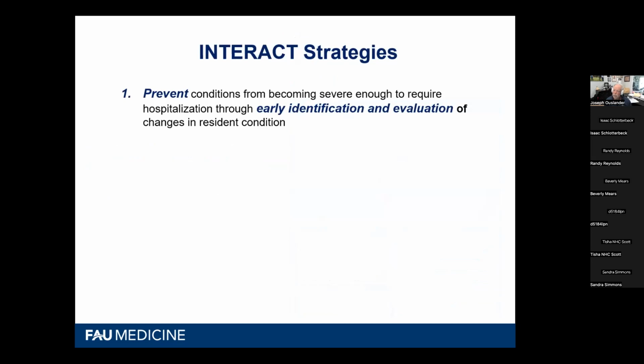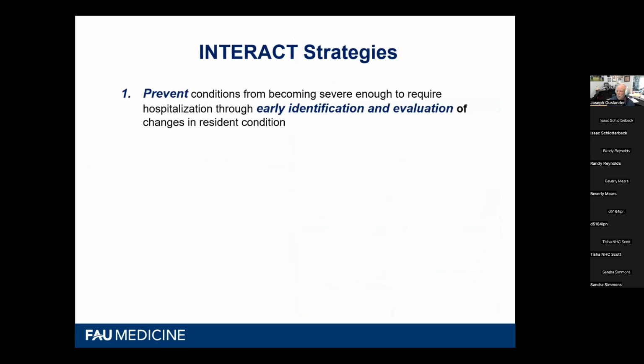There are several strategies that have been incorporated into the INTERACT program. The first is to prevent nursing home patients from having conditions that become severe enough to require hospitalization, through early identification and evaluation of changes in condition.